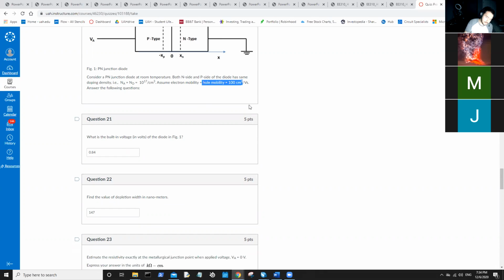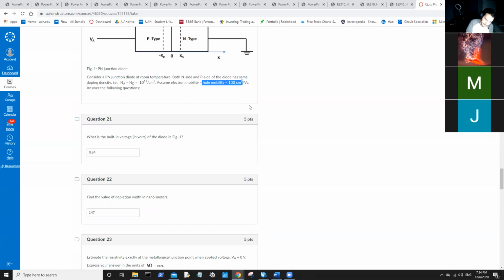But the equation for resistivity is equal to 1 over q times mu n, which is electron mobility, times your n, technically n(x), but you could also say Nd at equilibrium because there is no variation in your doping density there.